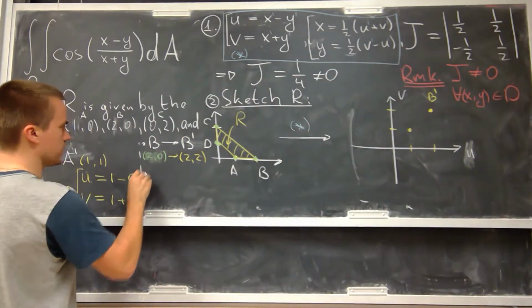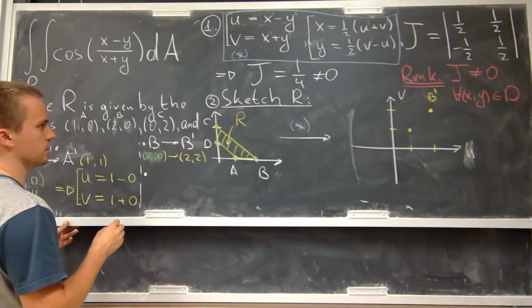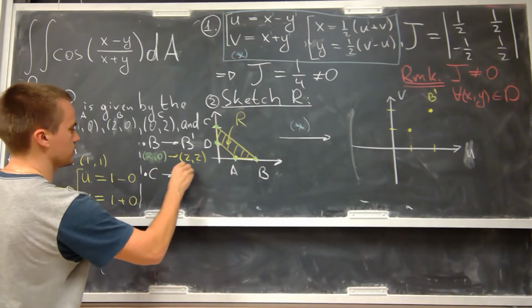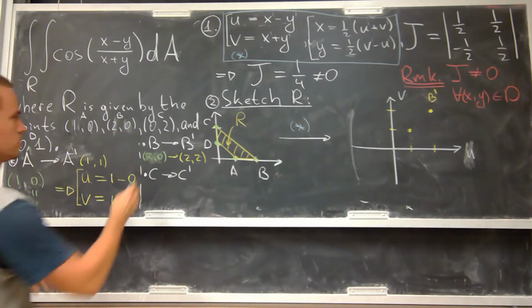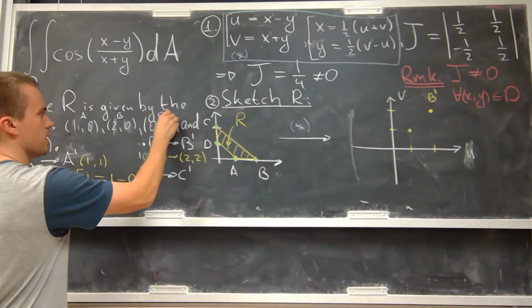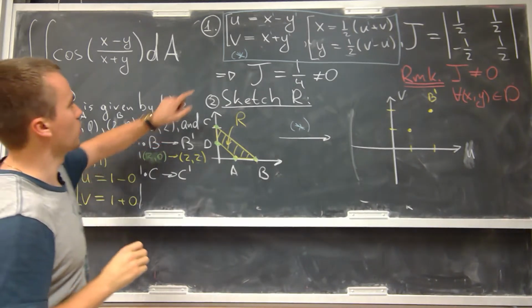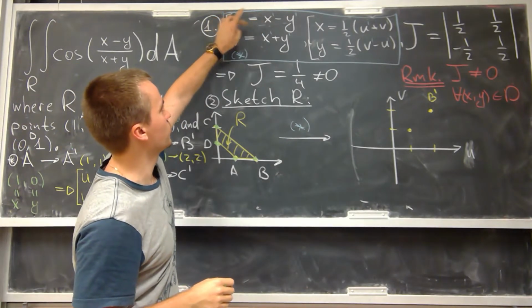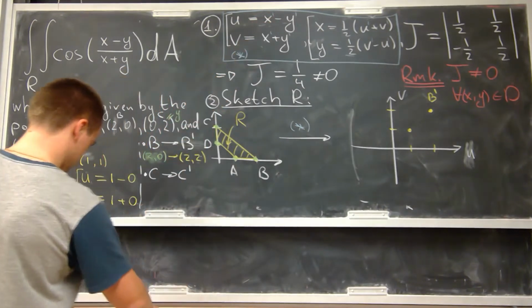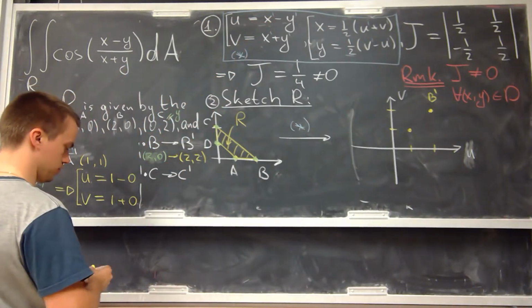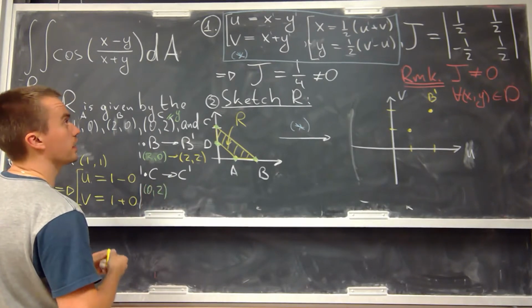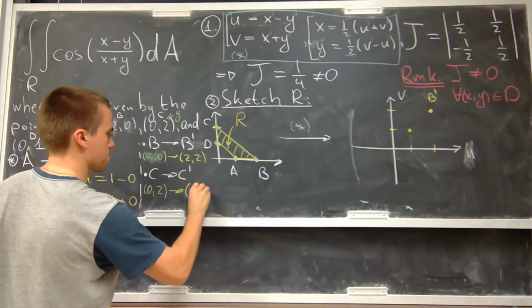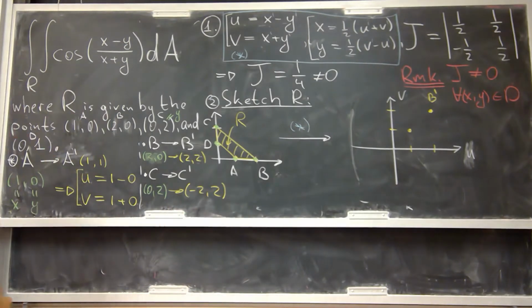Okay, so what about the next point? The next point is C goes to C prime. The coordinates of C are 0, 2, where 2 is my y. Since x is 0, then my u and v will be negative 2 and 2. So it goes to negative 2 and 2.